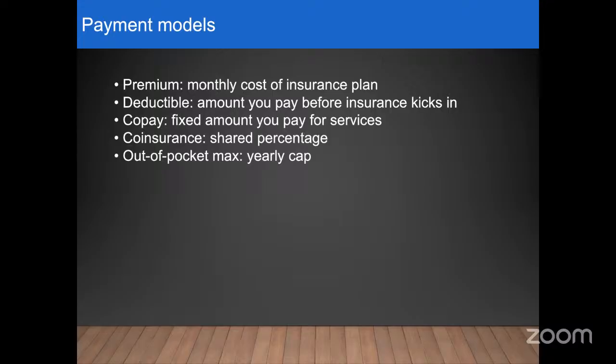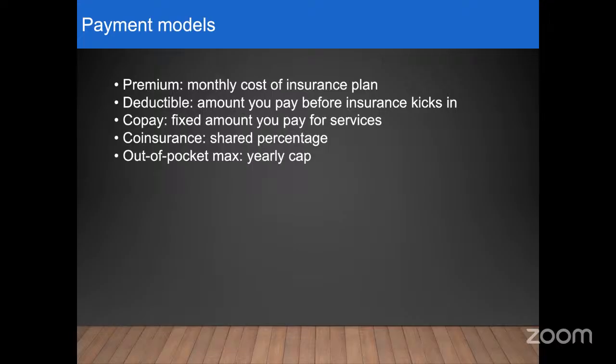Premium is basically the monthly cost of an insurance plan in order to keep your plan active. And deductible is the amount that you pay out of pocket before your insurance starts covering expenses.